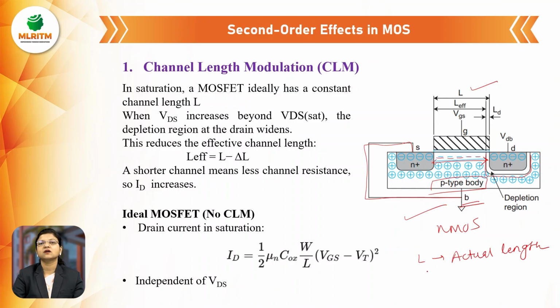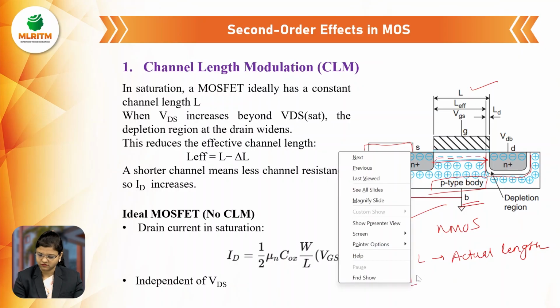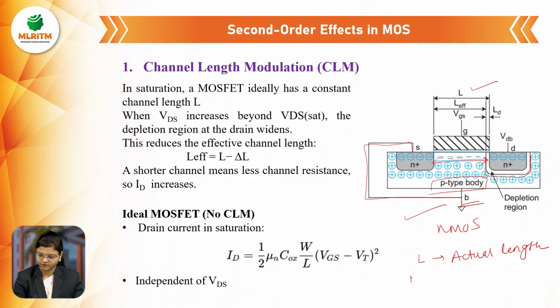Okay, this is when there is no channel length modulation present. But when there is channel length modulation, your L changes, and we can call it L effective, means effective channel length.